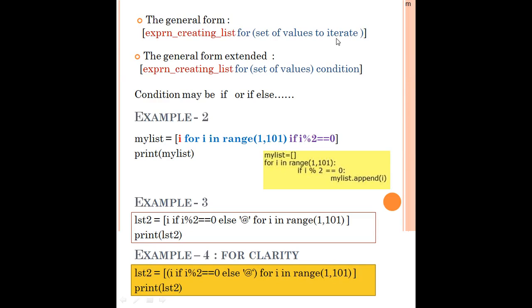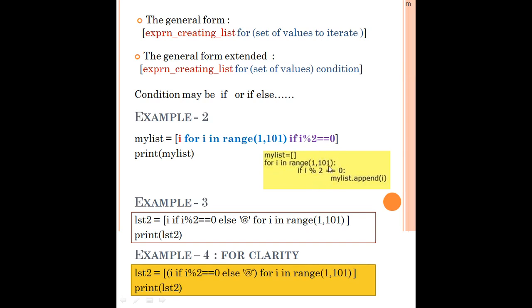Now if we have a condition, see, expression for a condition. What is exactly the meaning of this example? The loop varies from 1 to 100 and the list is appended if it is an even value, otherwise it will not be appended.